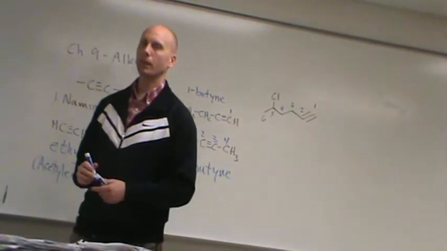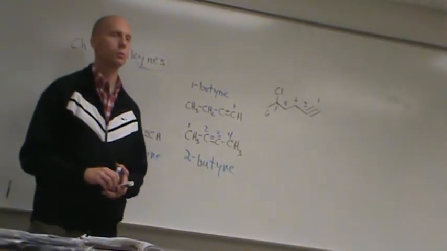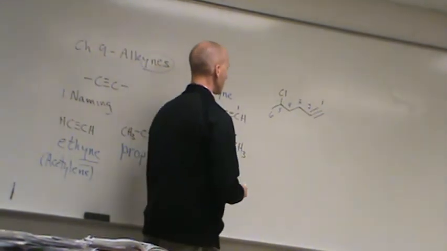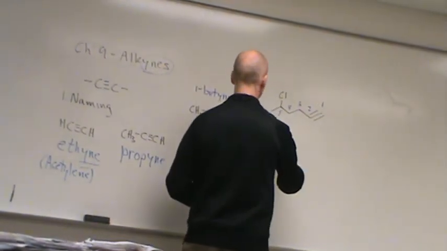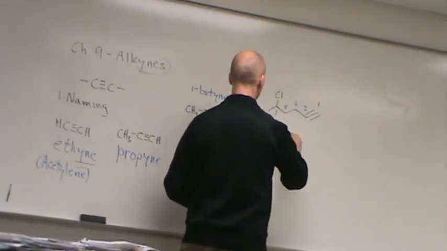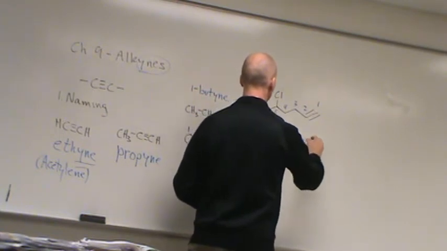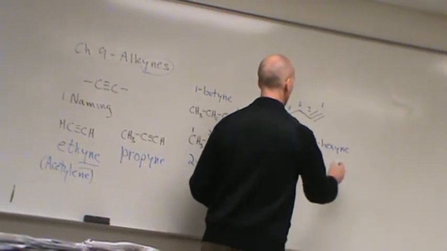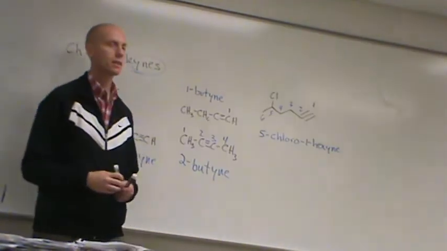So we start numbering like that, just like we did with the double bond. So here we would have 5-chloro-1-hexyne. Okay.